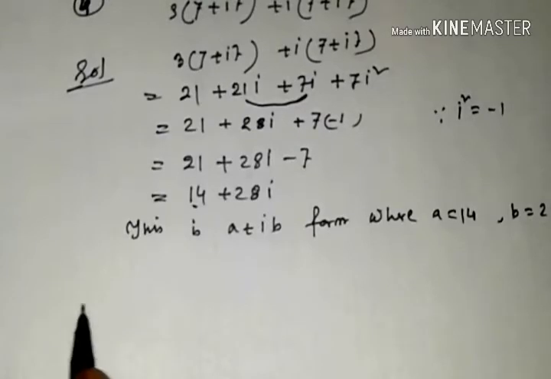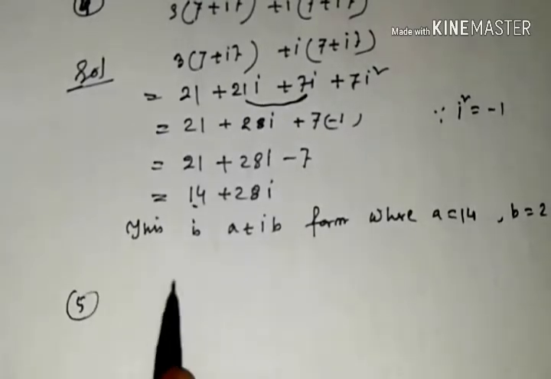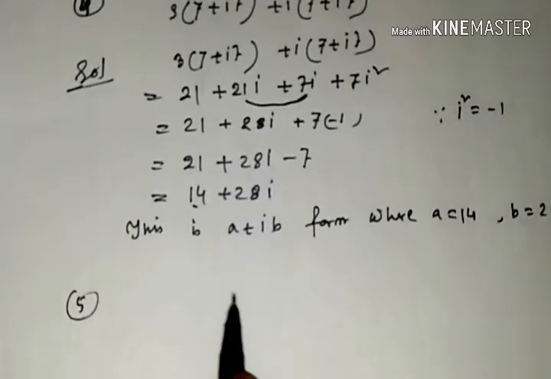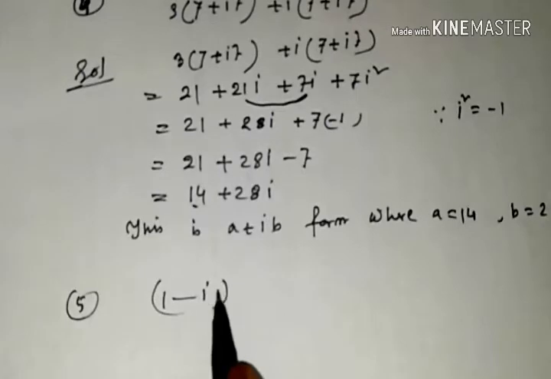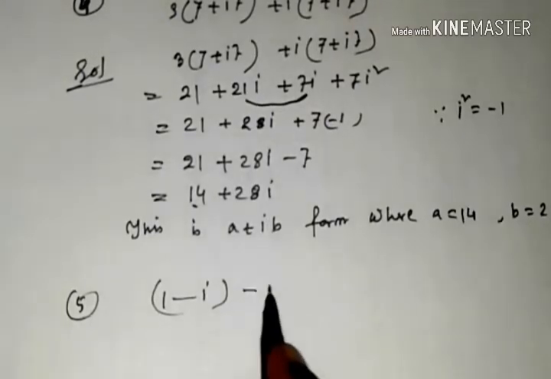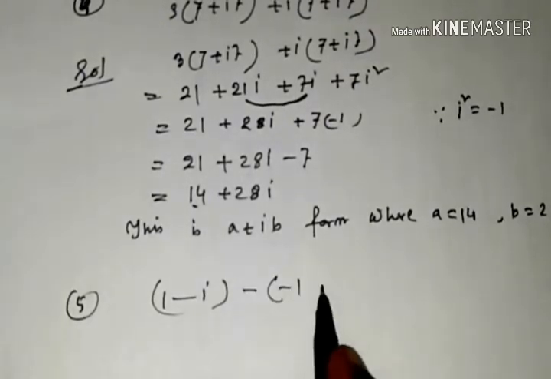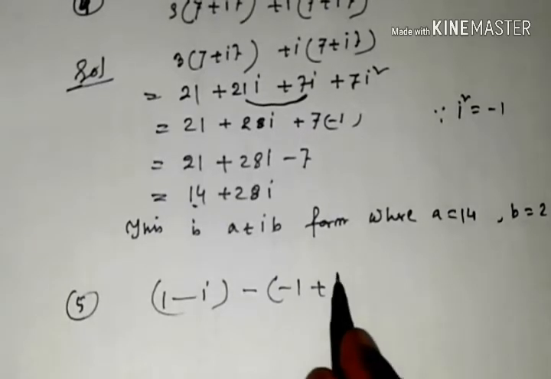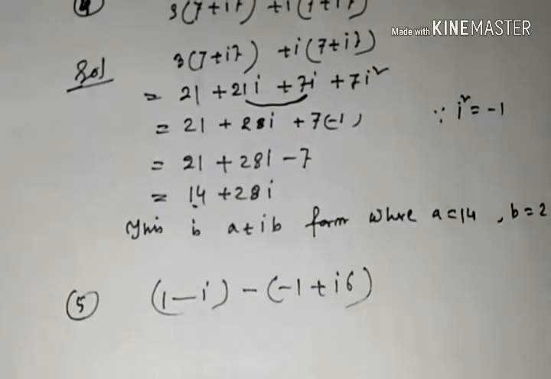Next problem, question number 5: 1 minus i minus minus 1 plus i6. We have to convert it in A plus iB form.